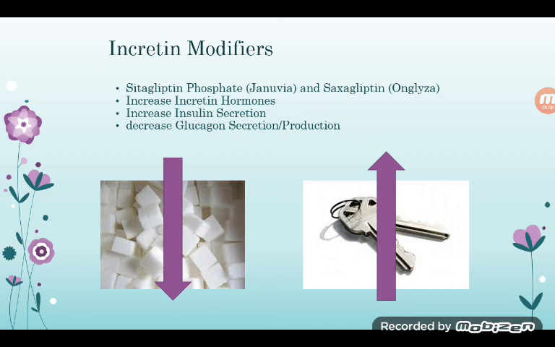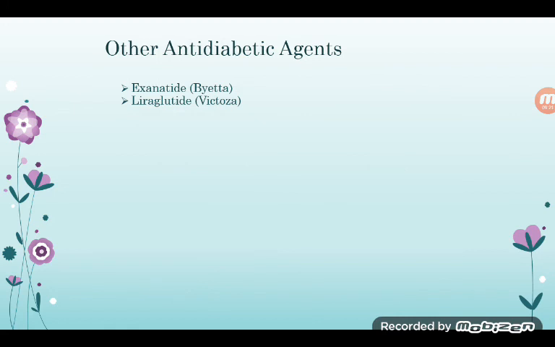They increase incretin hormones, increase insulin secretion, and decrease glucagon secretion and production. Other antidiabetic agents that don't really sit in any one of these categories include Byetta and Victoza.